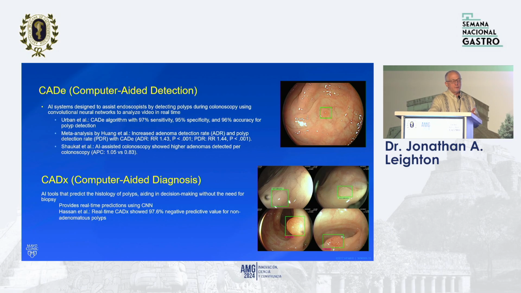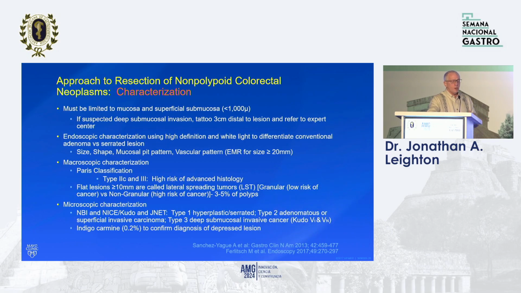Under computer-aided detection, particularly for doctors with low ADRs, it can improve the sensitivity and specificity of polyp detection. And in addition, computer-aided diagnosis may allow us to determine whether or not we should even resect a polyp at all.